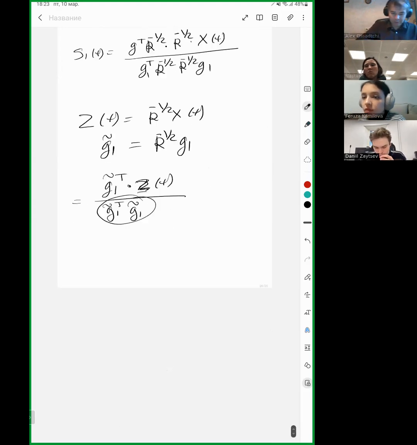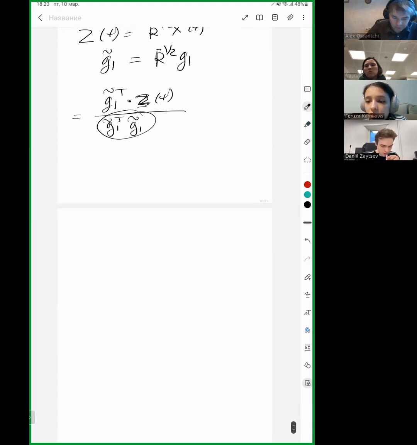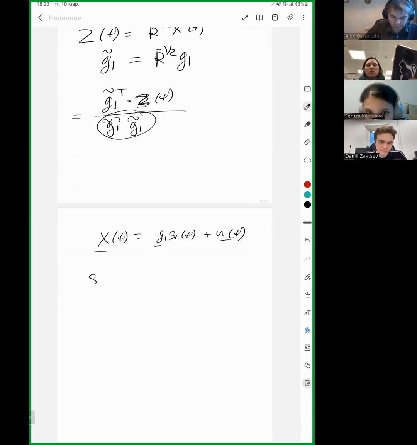This scalar is just to make sure that you get the unity gain constraint, right? Remember when we were doing estimation of sources, we had x of t equal to G1 S1 of t plus noise, right? Whatever, it doesn't matter what was in this noise. And I said that in order to estimate S1 of t, remember in this MATLAB script, we had W, which was equal to G1 divided by G1 squared.